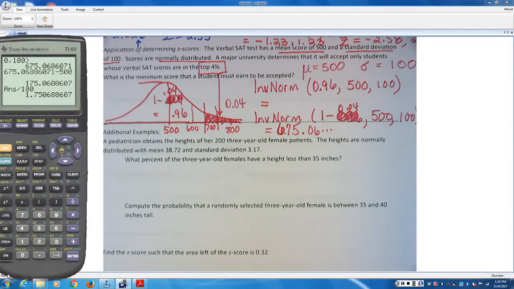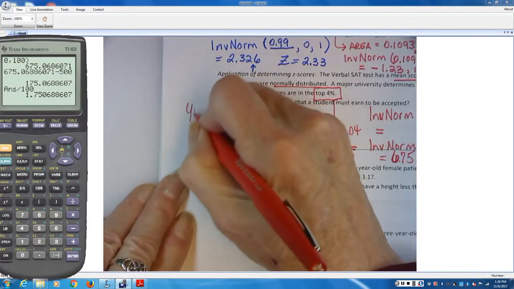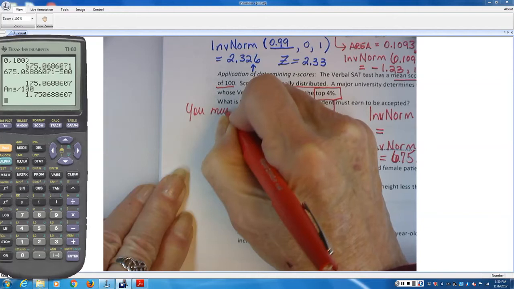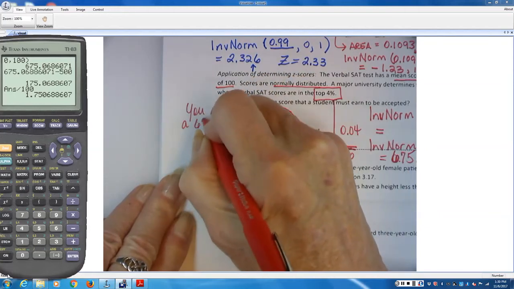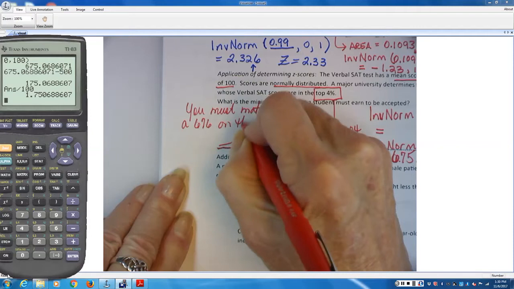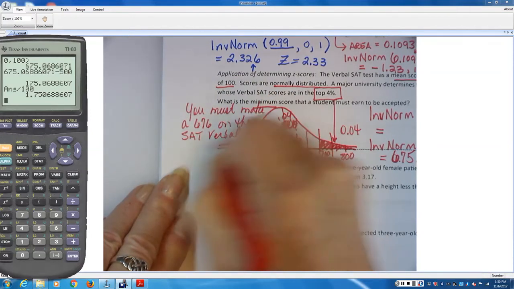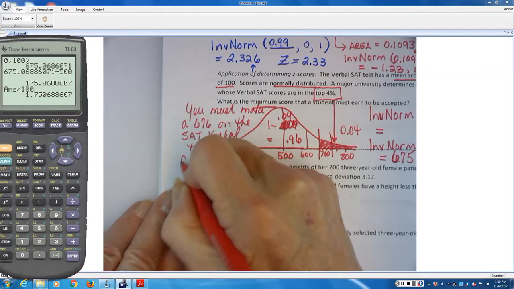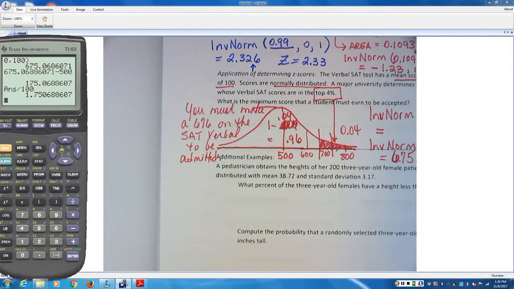Okay? So the actual answer to the question should be: you must make 676 on the SAT verbal to be admitted to that school.